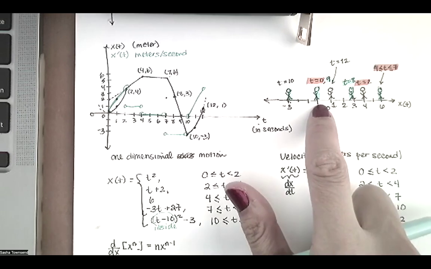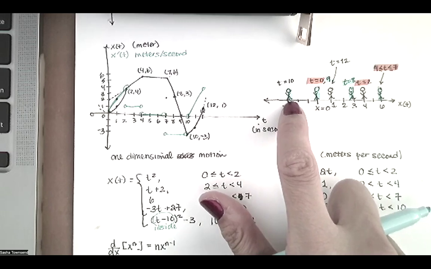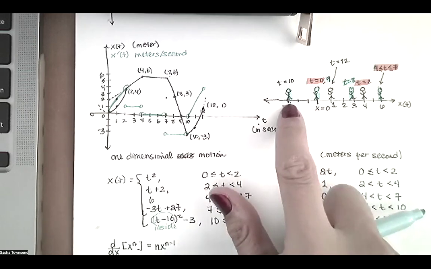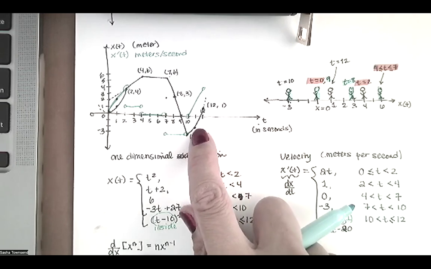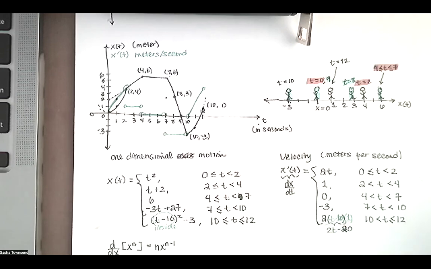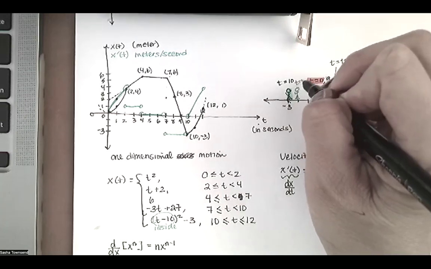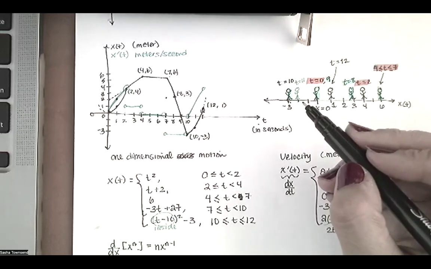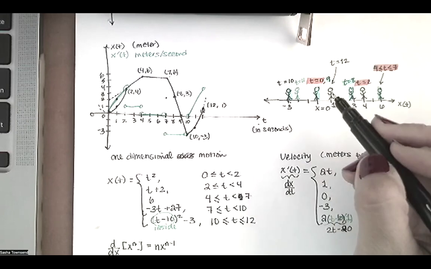And then at that point, when he's at t equals 10, then he starts speeding up and he goes in the opposite direction. So at t equals 11, where does he end up? He's at x equals -2. So he's going to be back at this location at t equals 11. And then at t equals 12, he's continuing to speed up and he ends up at this location.